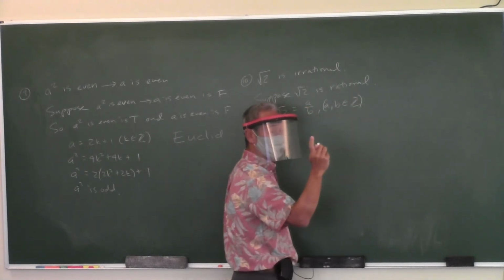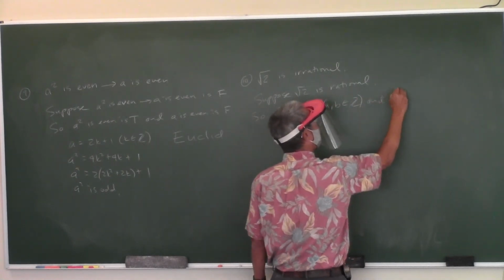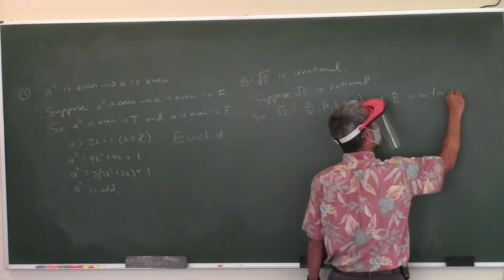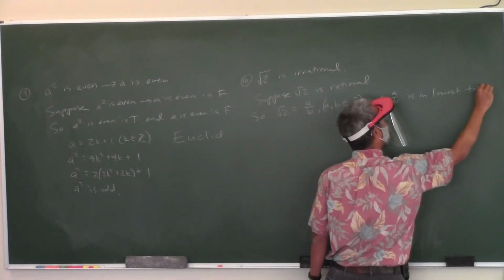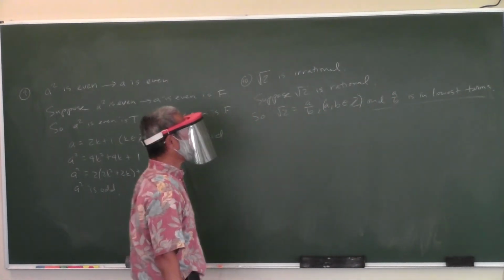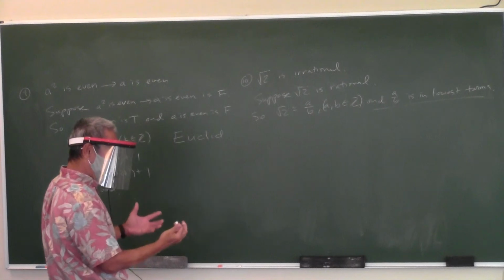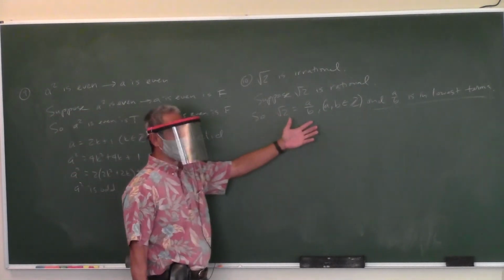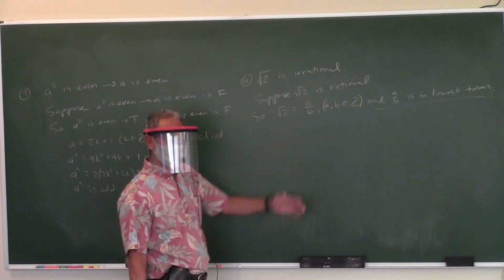And here's the key to the whole proof: a over b is in lowest terms. This is the most important part of the proof. That's where we're going to get our contradiction. Okay, so now you start working with this until you get a contradiction, because anytime you have a fraction, you can always put it in lowest terms, right?